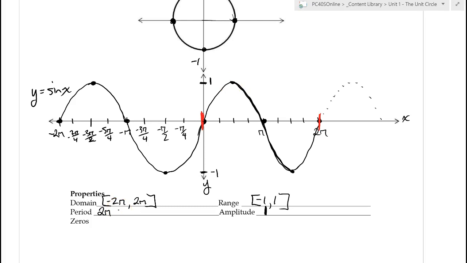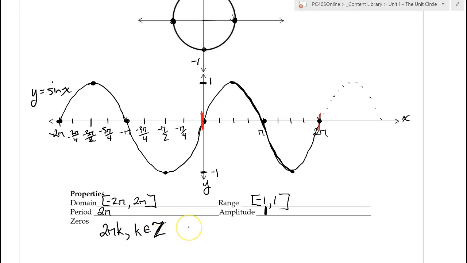And then my zeros, I could write a general equation for it, because 0, pi, 2 pi. So 2 pi times k, where k is an element of the integers. And again, we've seen this notation before already. Some people use I as the integer symbol.